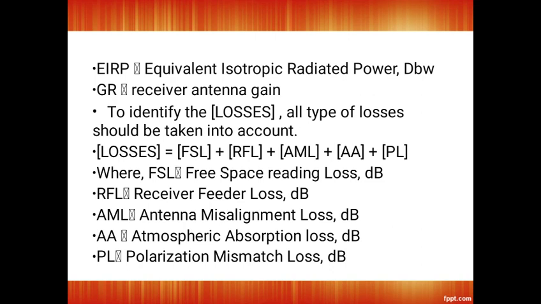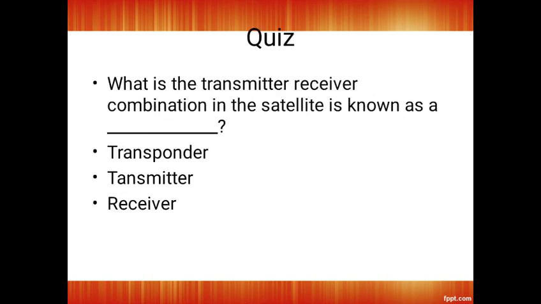Losses is equal to FSL, that is free space loss, plus receiver feeder loss, plus antenna misalignment loss, atmospheric absorption loss, plus polarization mismatch loss. So from this we can easily identify how a link power equation can be calculated based upon the input and the output.